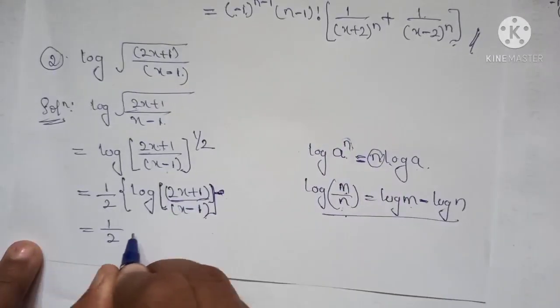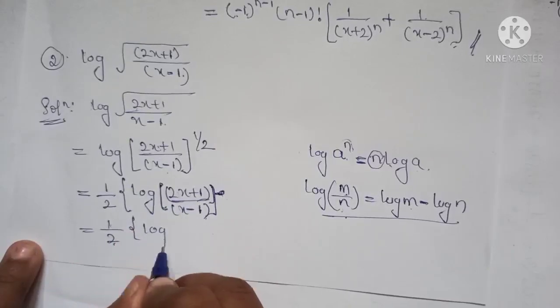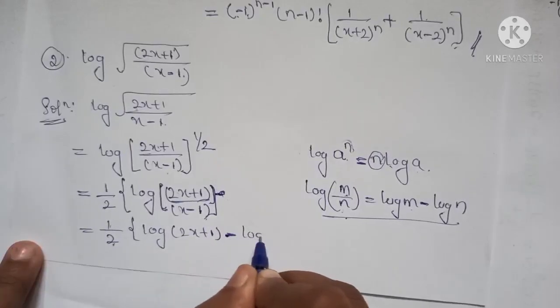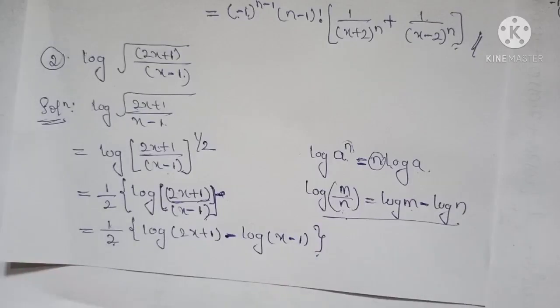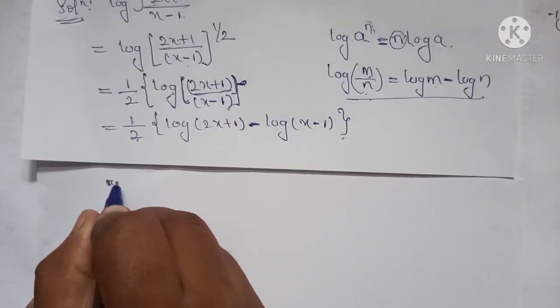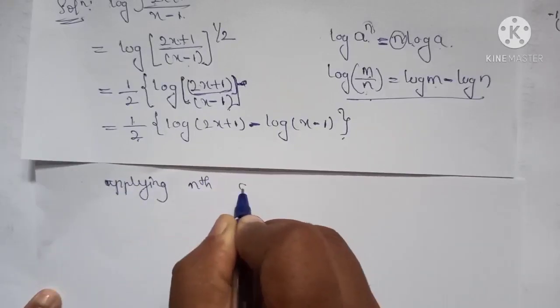So 1 by 2 is common, then it is log of 2x plus 1 minus log of x minus 1. Okay, now we apply the nth derivative on both sides.